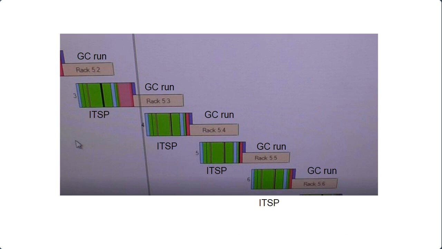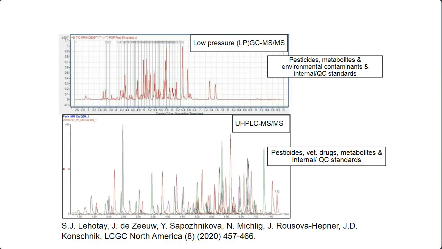Our GC run is also 10 minutes because we use low pressure vacuum outlet GC, and this really saves time to conduct it in parallel, a 10 minute GC run and a 10 minute cleanup step. Here are chromatograms showing, on the top, low pressure GC-MS/MS, and by the way, at the bottom I listed our latest publication on low pressure GC if you're curious about fast GC-MS or GC-MS/MS.